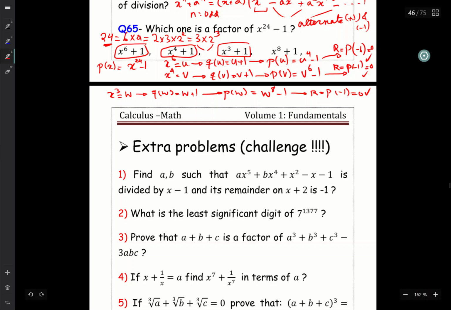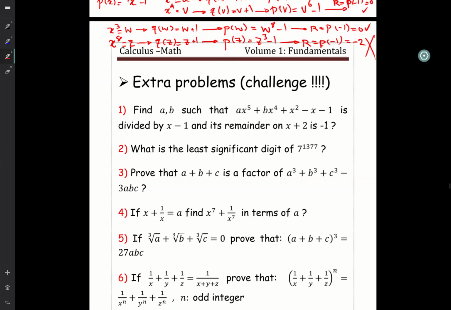How about x^8? If I define x^8 as z, then q of z becomes z plus 1, and p of z becomes z^3 minus 1, and the remainder is p at negative 1, which is negative 2. So x^8 plus 1 is not a factor of x^24 minus 1.